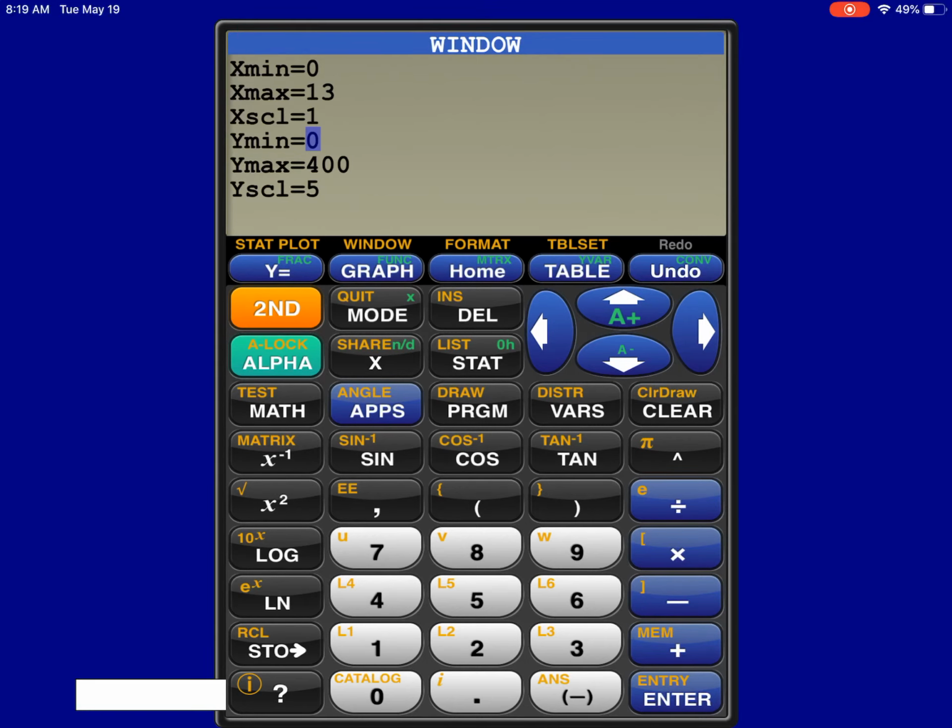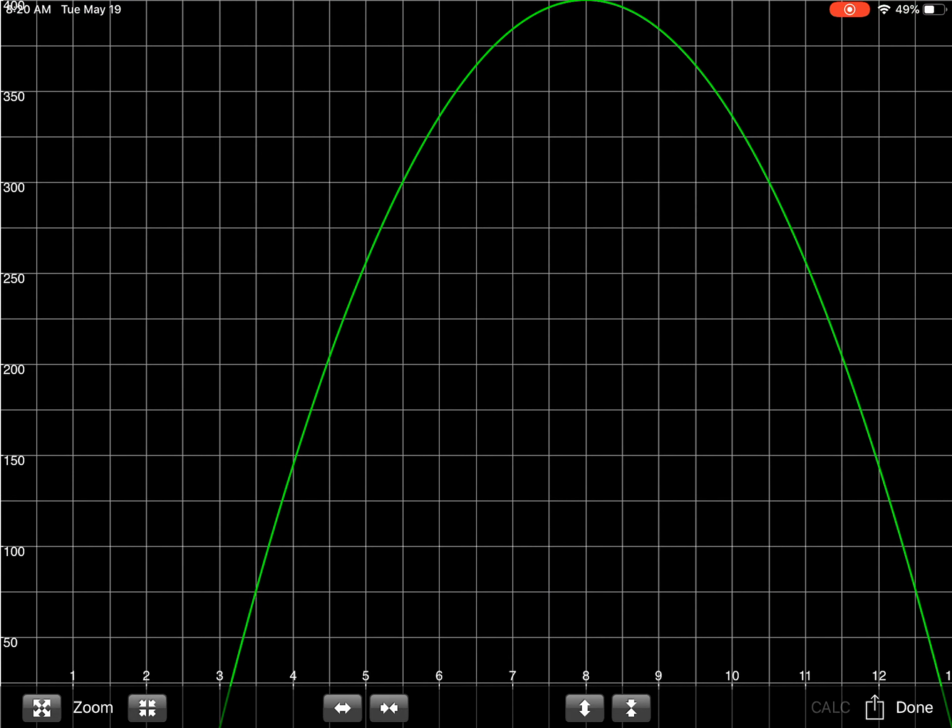Now to go from 0 to 400, do I want to count by 5s? I don't know if that would be enough, maybe by 10s. That's probably less important. But what is important is your x min and x max. How wide do you want to see the graph? Y min and y max: how tall do you want to see the graph? Now watch this.